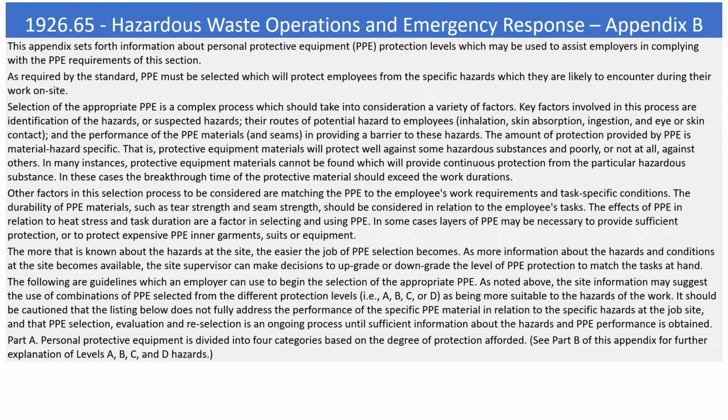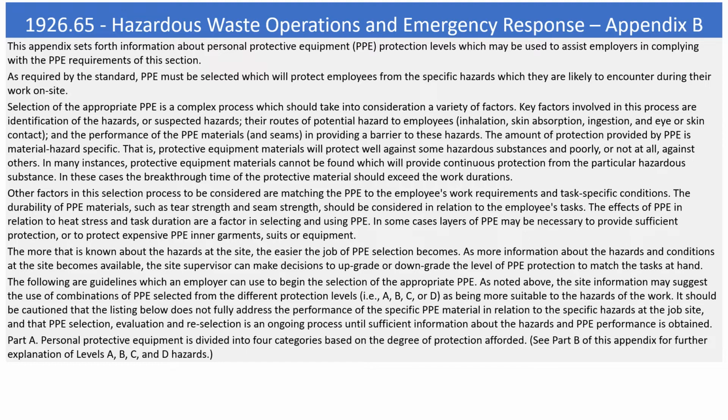The amount of protection provided by PPE is material hazard specific. That is, protective equipment materials will protect well against some hazardous substances and poorly, or not at all, against others. In many instances, protective equipment materials cannot be found which will provide continuous protection from the particular hazardous substance. In these cases, the breakthrough time of the protective material should exceed the work durations.